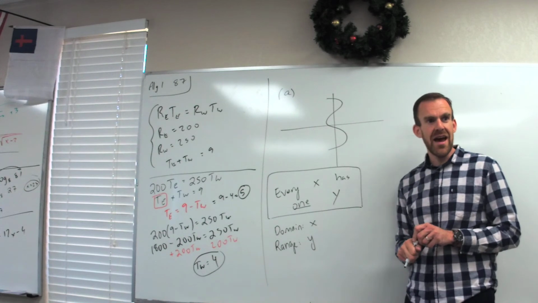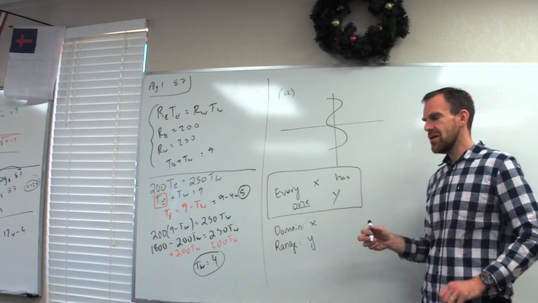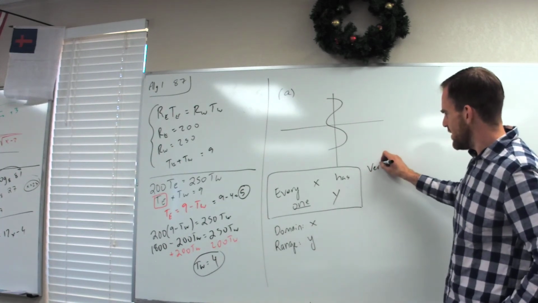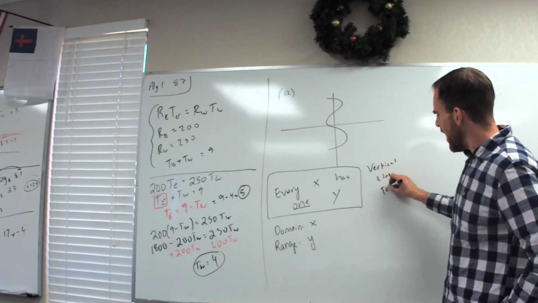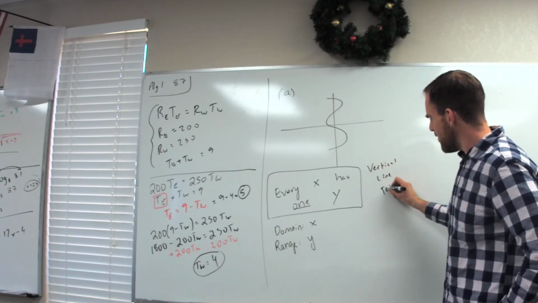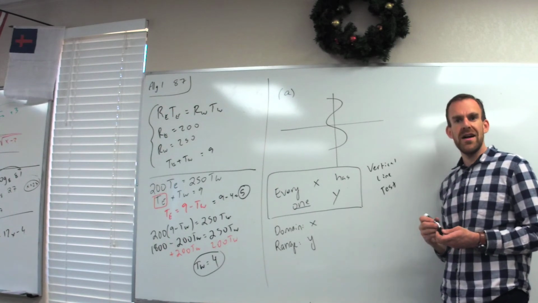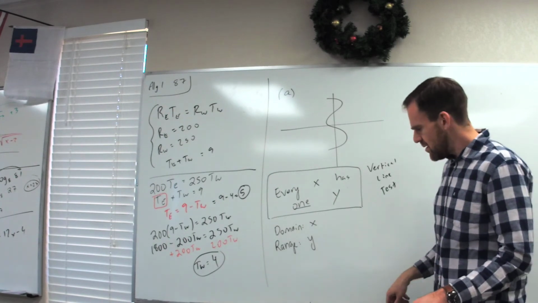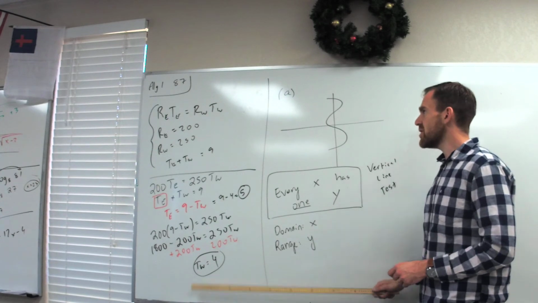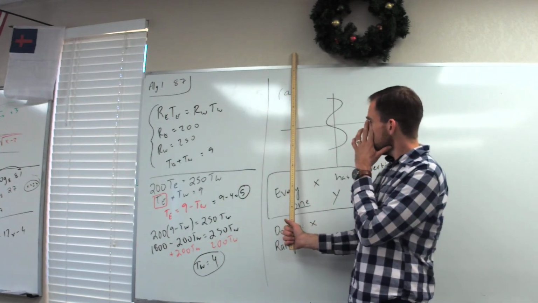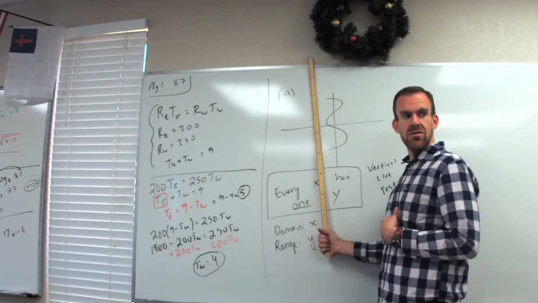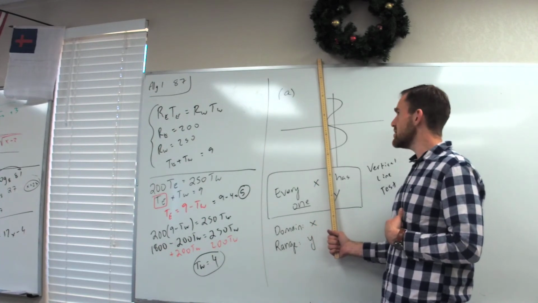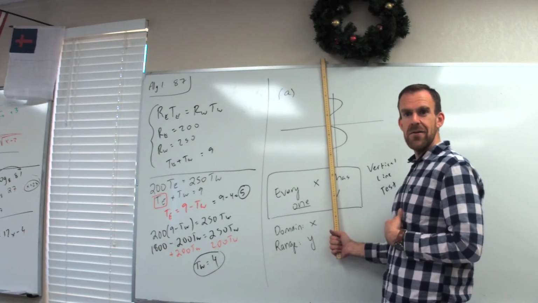And so today I am introducing to you the vertical line test. So if you have a function graphed, then you can find out if it's a function or not by using a vertical line. And if the vertical line touches your graph more than once, it is not a function.